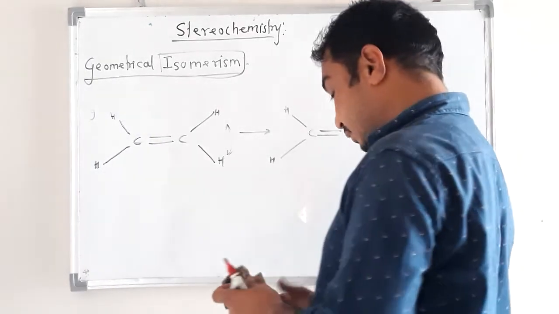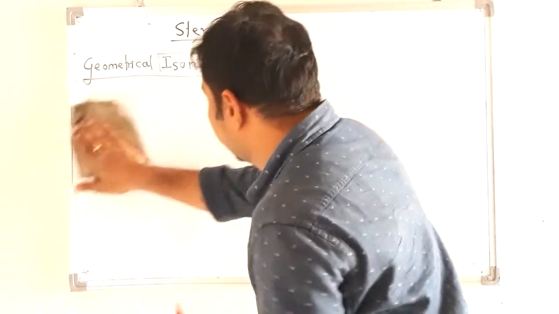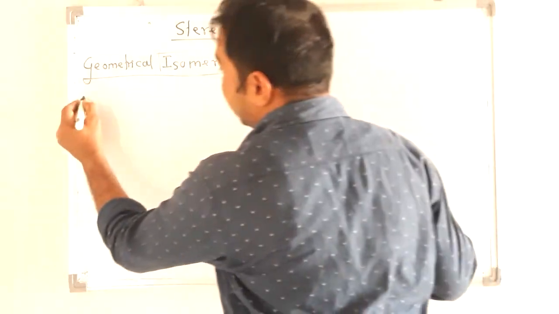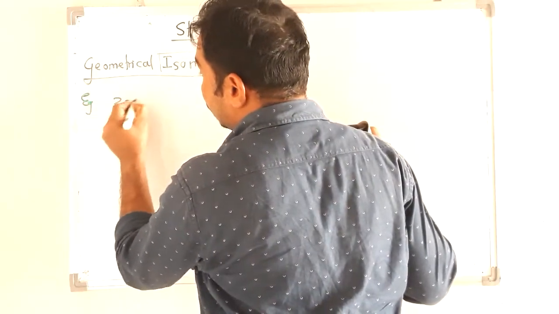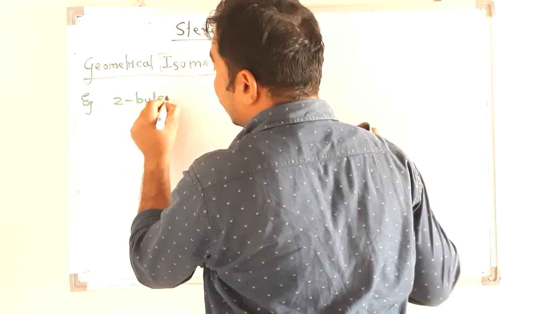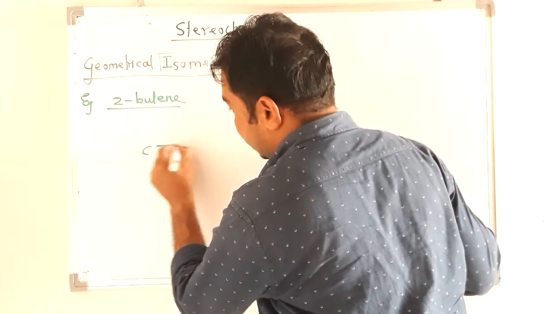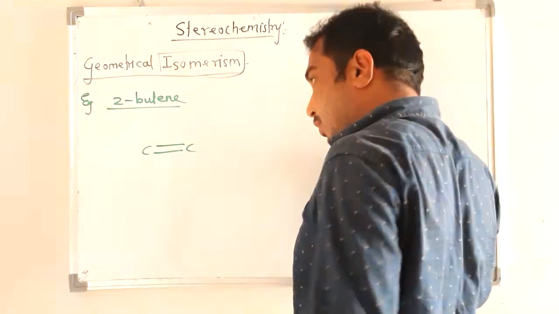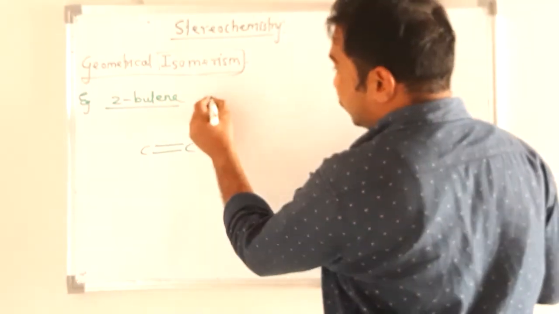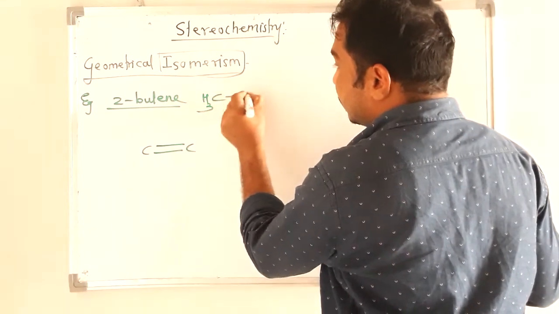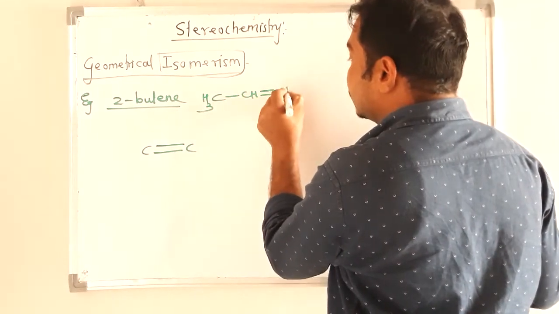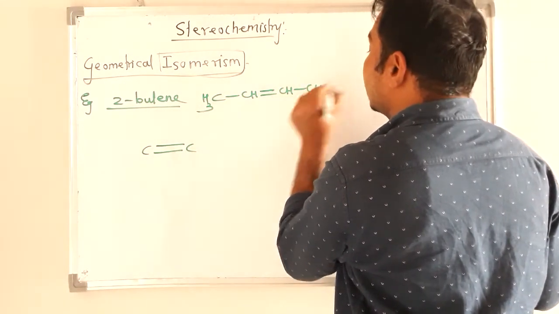Now suppose the compound is like this, for example 2-butene, with a carbon-carbon double bond. The structure of 2-butene is CH3-CH=CH-CH3.